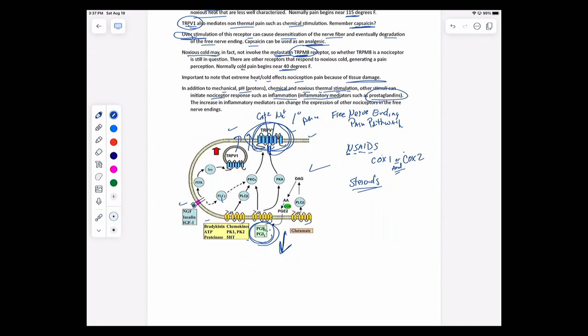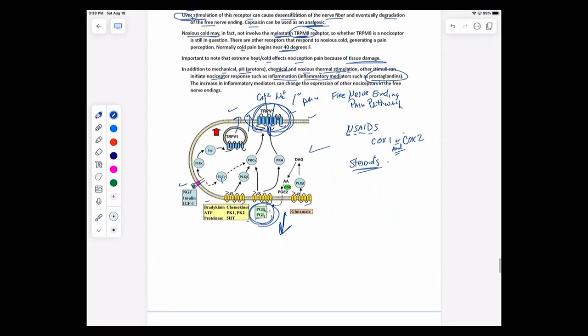So giving someone steroids is a way of managing pain, but it's done in a secondary way. The steroids interfere with the actual production of the cytokines, therefore reduces the prostaglandins, and therefore, again, can attenuate pain. So you've got a steroid approach of managing pain, and then you have the non-steroid approach of managing pain. But both of them, in terms of the pain, is going to be reducing the amount of prostaglandins being made.